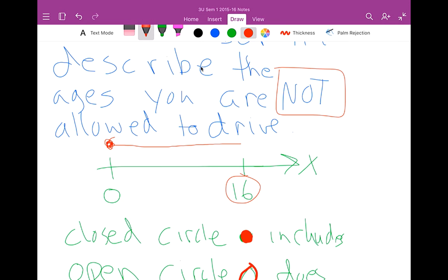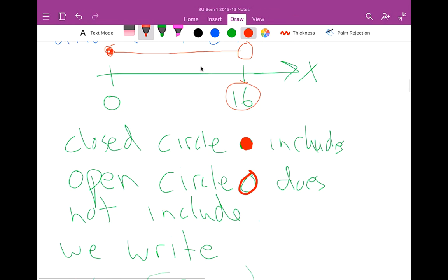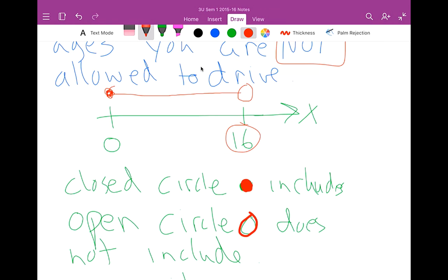Does it include 16? Theoretically, it doesn't. You're allowed to drive as soon as you turn 16 and 1 minute on the date of your birthday. So you can't drive if you're anything less than 16. If you're 15.9999999 years, you cannot drive. So here's our notation for this.